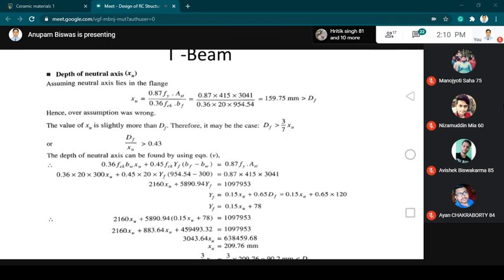And check whether the value of 0.43 XU is more than DF or not. If it is more than, then your assumption is correct. Otherwise, choose another option, another subcase. Then the remaining steps are the same.